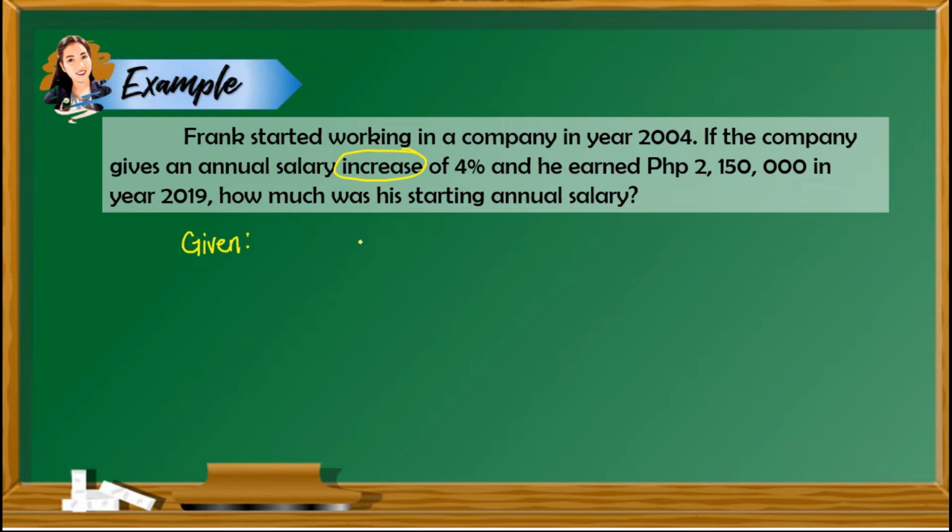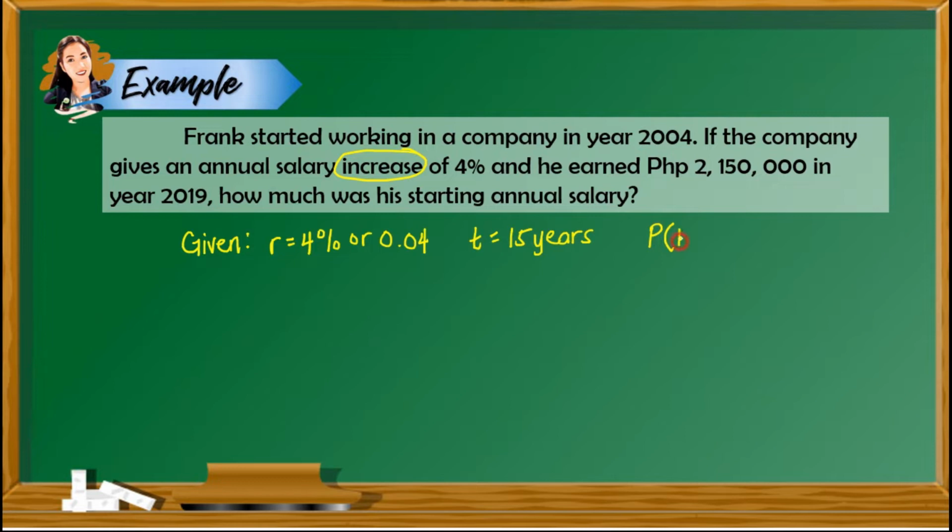First, we can see here a rate of 4% or 0.04. We also have the time, which is from 2004 to 2019, and that gives us 15 years.